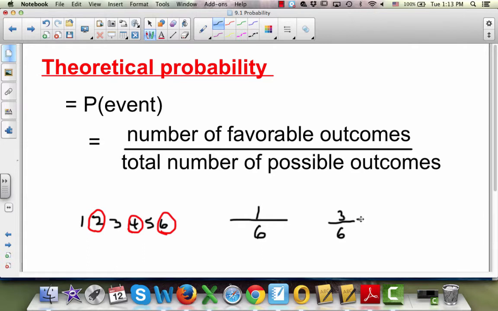So it would be 3 out of 6 or 1 out of 2. So theoretical probability is the number of favorable outcomes over the total number of possible outcomes. What you want over what can possibly happen.